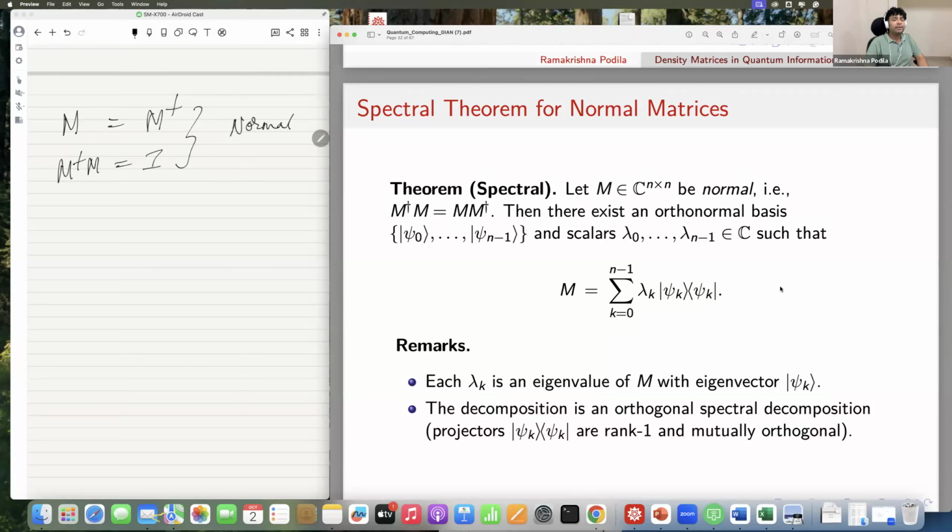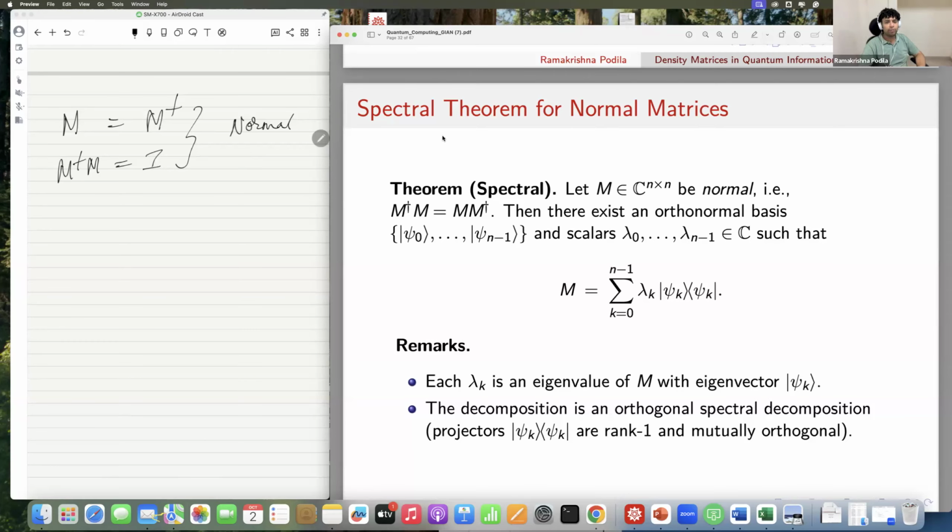Recall that if you have a Hermitian matrix, we saw that it should have non-negative real eigenvalues, right? And so here, what we are saying is that if you have a normal matrix M, then you have some orthonormal basis that you can express it in. This basically says that you can find the eigenvectors and eigenvalues. Lambda 0 to lambda n minus 1 are the eigenvalues of this matrix, and you can express it as a combination of those eigenvalues and the corresponding eigenvectors.